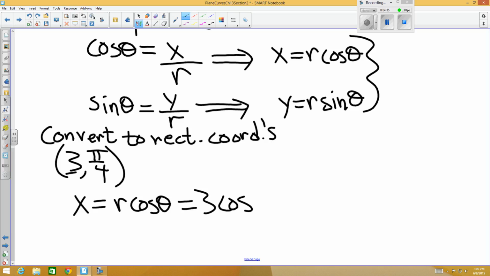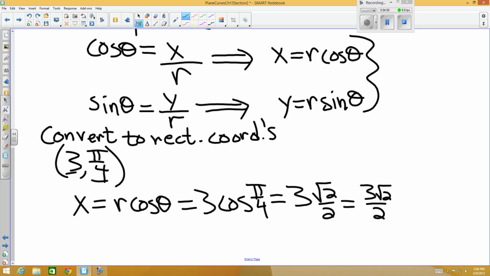Cosine of theta, theta is pi over 4. The cosine of pi over 4 is the square root of 2 over 2. So x here is equal to 3 times the square root of 2 divided by 2.